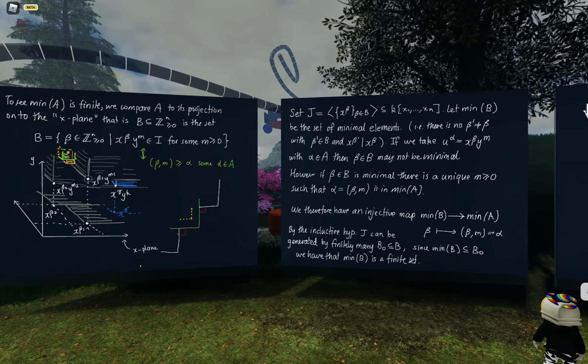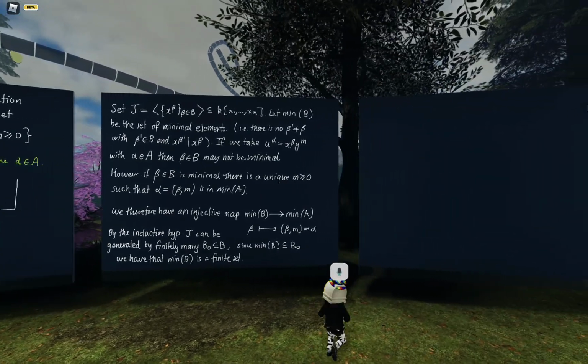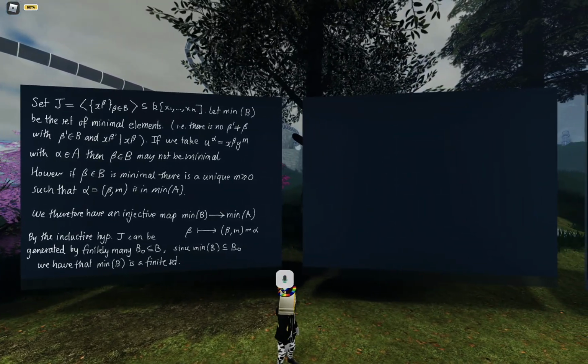Okay. So what about these things like the blue gamma that don't map to minimal elements downstairs? Well, let's consider those blue guys. So let x to the gamma, y to the k be such that gamma k is in min A. Well, look at the shadow, gamma.